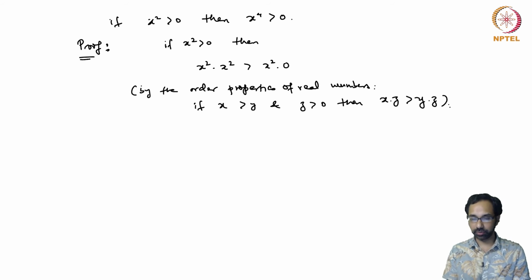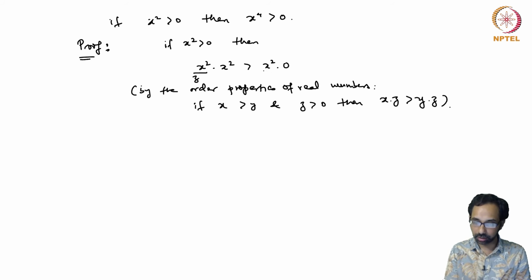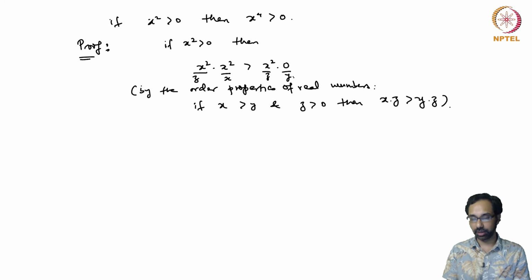So if you consider this as z, this is x, and this is y in this notation. I'm using x twice, but I hope it is clear.